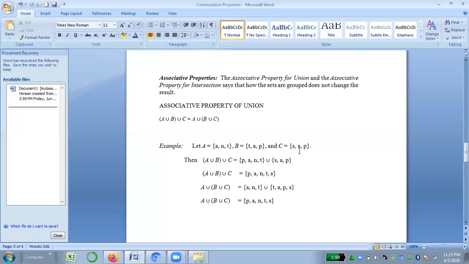The other elements are common, A and P, so we will write those elements only once.